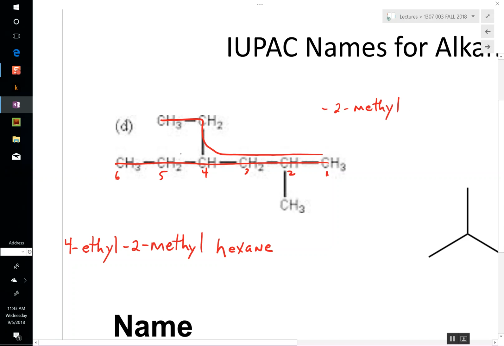And this would be your ethyl group, and it would still be on the 4th carbon. It would end up with the same name. It doesn't matter which. So if you find the longest chain with a bend or without a bend, you've found the longest chain, and then just deal with what is attached to it from there.